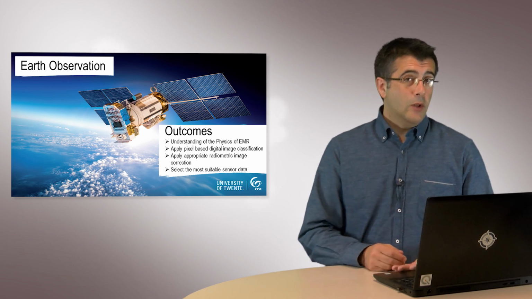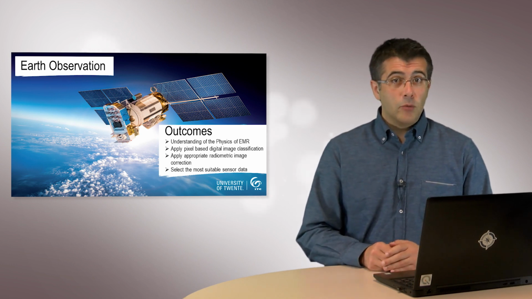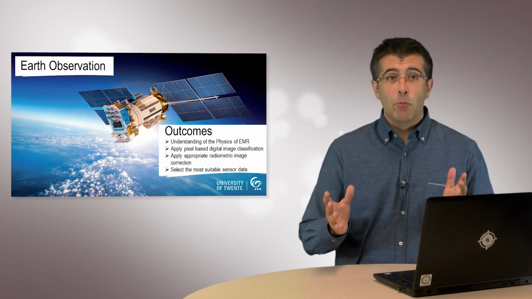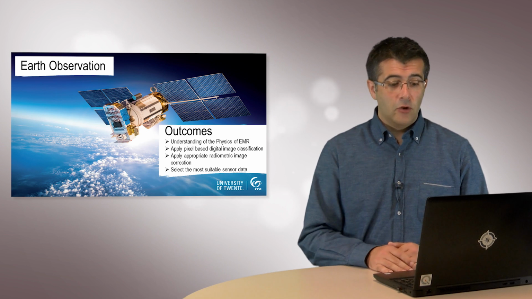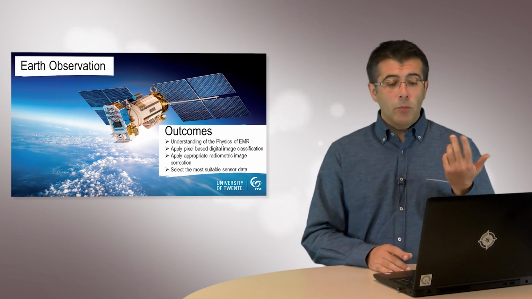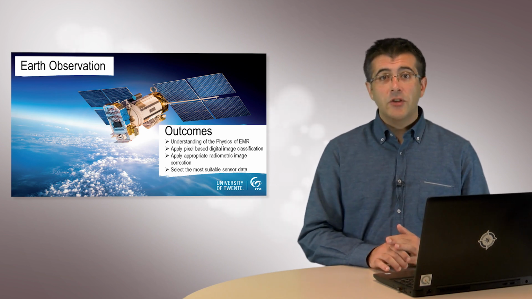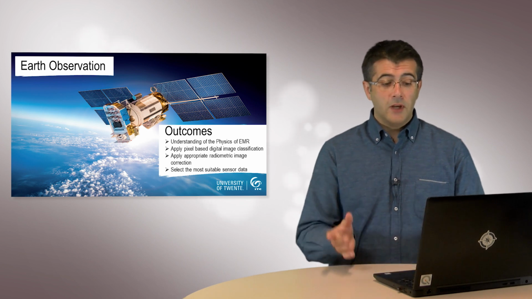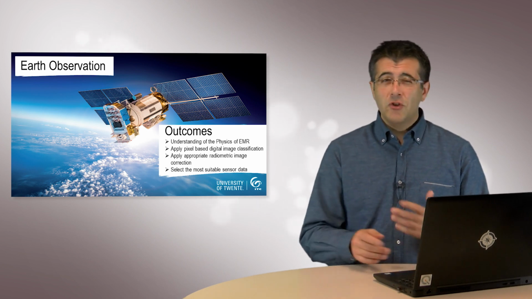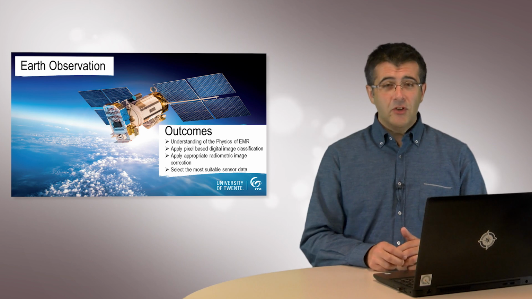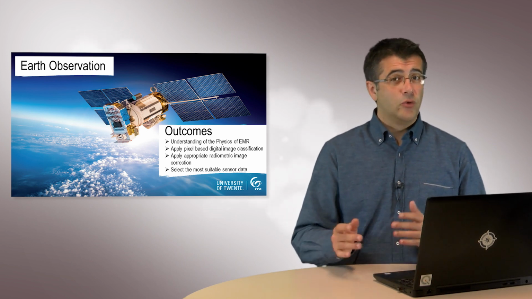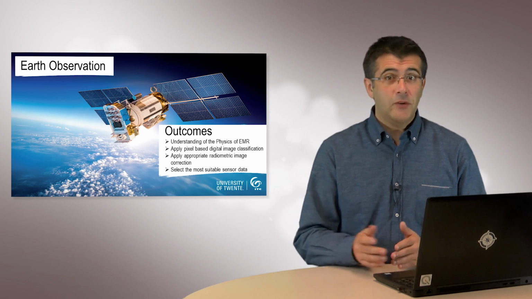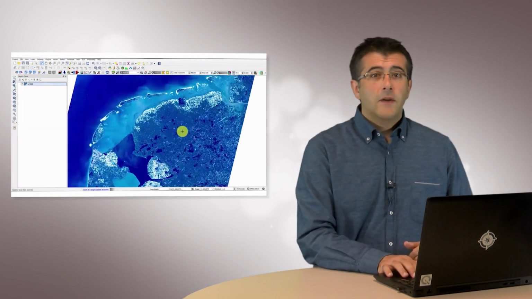So you will understand the physics of electromagnetic radiation, which is basically the basis of all remote sensing knowledge. You will learn how to apply pixel-based digital image classification, apply radiometric and geometric corrections to your images, and learn how to select the most suitable sensor and images to solve specific problems that you may have at hand.